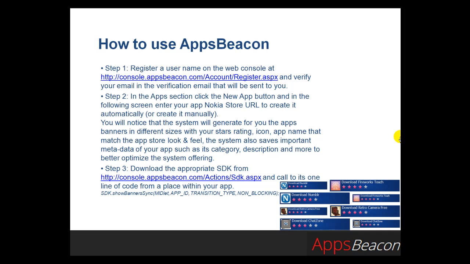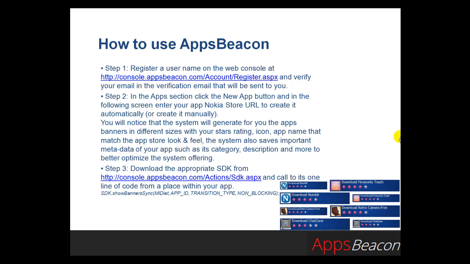The second step is, in the app section, you need to add your app. So you click on the new app button, and in the next screen you will enter your Nokia Store URL.